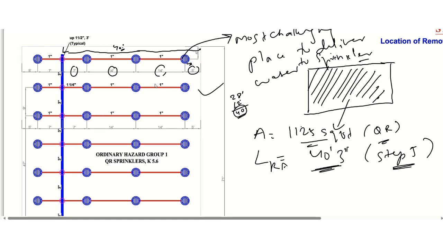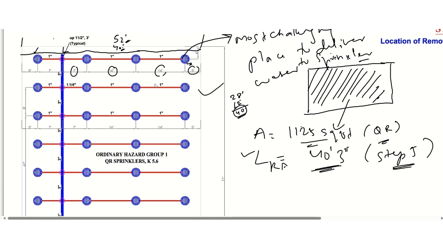L dimension we already determined earlier. So we need to consider this sprinkler as well to meet the NFPA requirement. So this will actually be more than 40 feet 3 inch. Till here we need to consider because we are considering this sprinkler as well. So this length, already this one we mentioned as 52 feet.